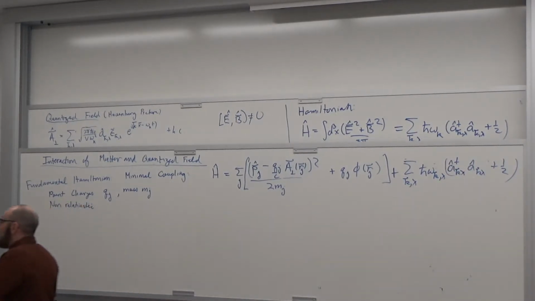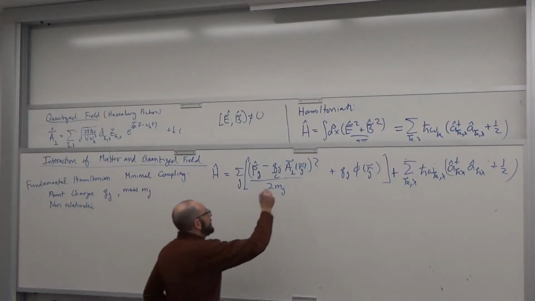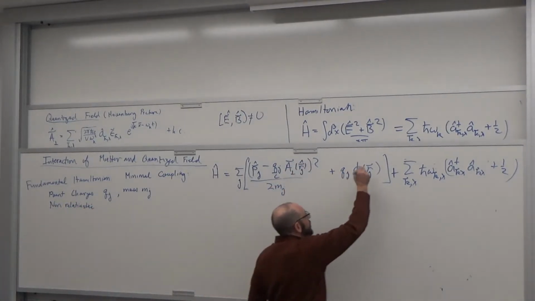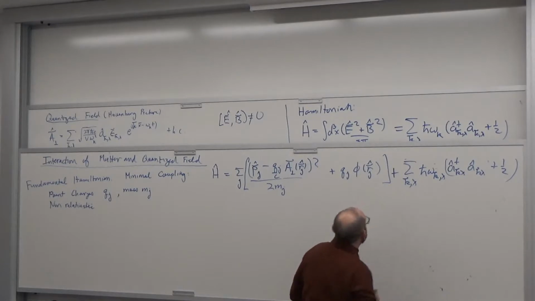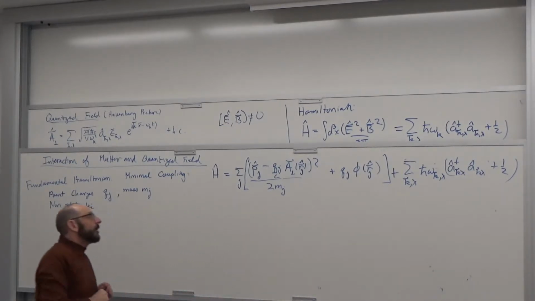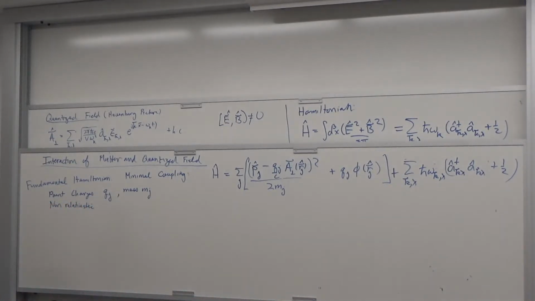So this involves the Hamiltonian for matter, the Hamiltonian of the field, and the interaction between these guys. This is the position of the charges, which in quantum mechanical terms are operators. Okay?